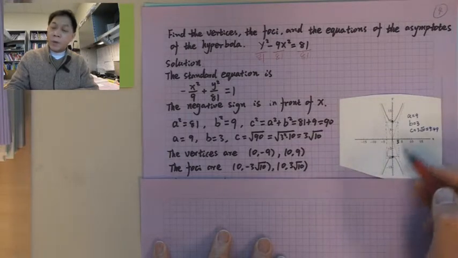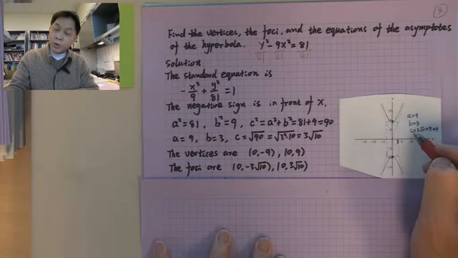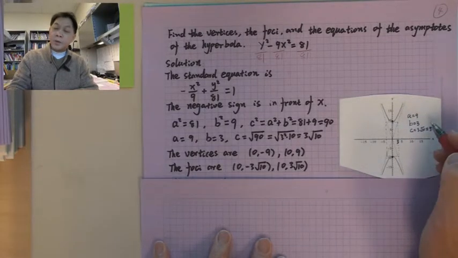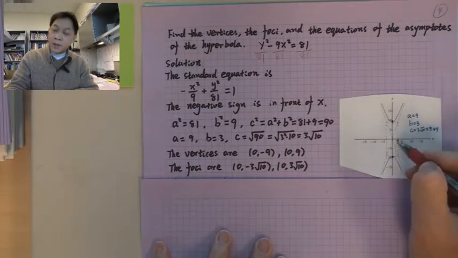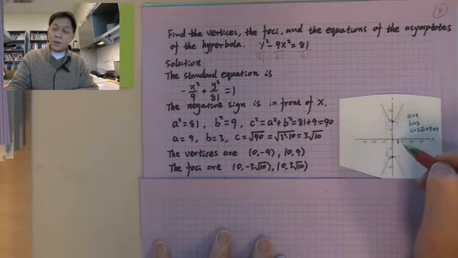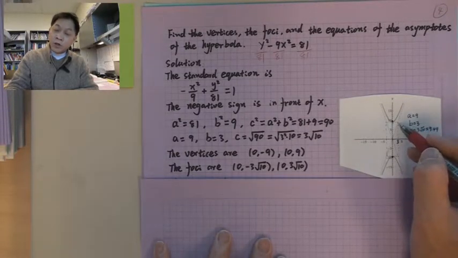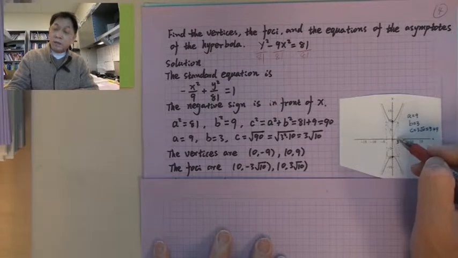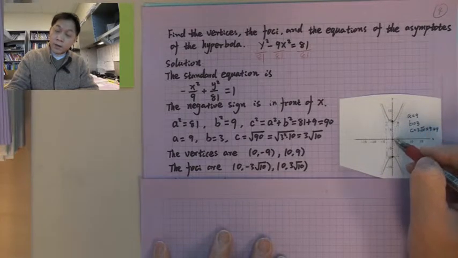Remember, a and c are always on the same line. A is smaller than c in a hyperbola. And then b will be here, will be 3, right here. Then what's the asymptote? Asymptote is always the rise over run. In this case it is a over b now.